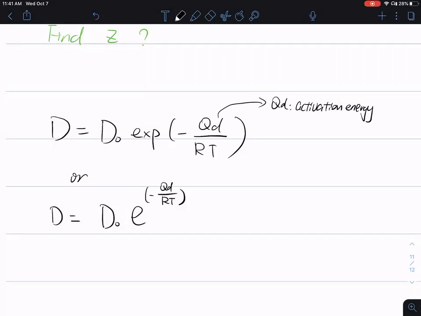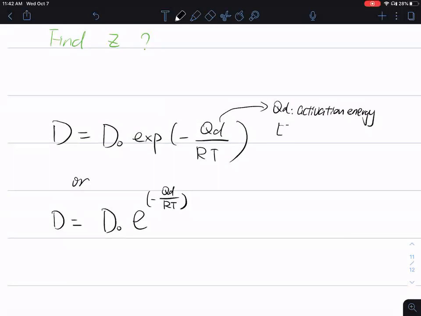In which equation did we learn there's an energy term? Vacancies. When we calculate how many vacancies are in a unit volume, this guy showed up, QD. So QD has a unit of either joule per atom or electron volt per atom.